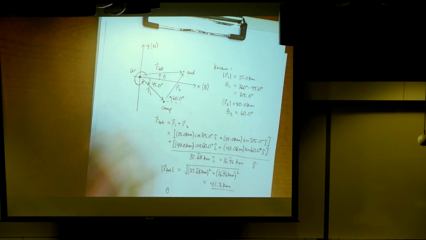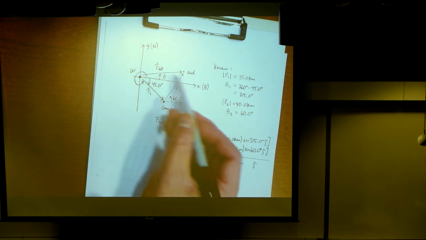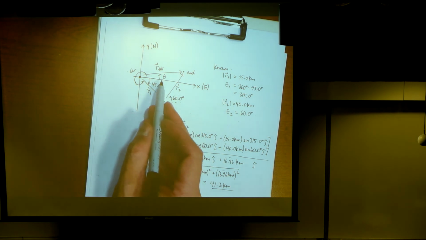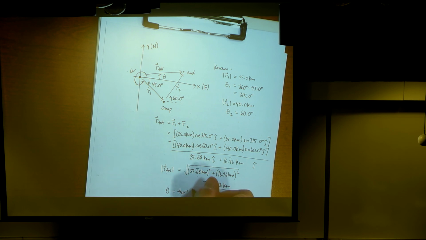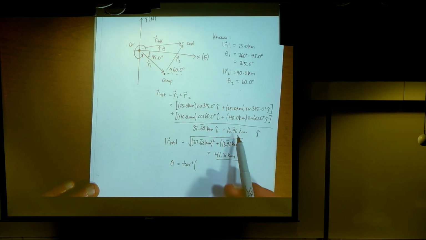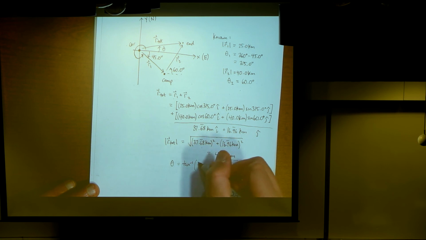The direction that you have to go in to get straight from your starting point to your end point, which we're calling theta right here, is just the angle of our resultant vector. So what we do for that is we take the inverse tangent of this y component divided by this x component. That's generally how this works. So we have 16.96 over 37.68.